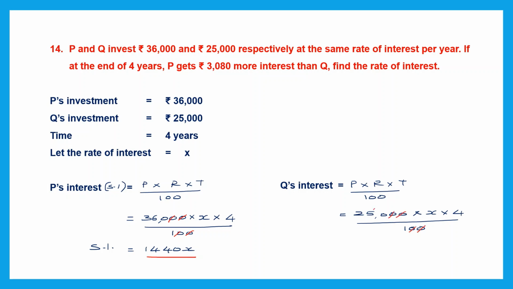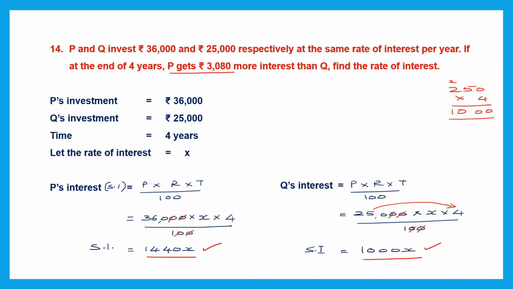Now I'm going to multiply 250 into 4. 4 zeros are 0, 4 fives are 20, carry 2, 4 twos are 8, 9, 10. So that is 1000. That means the simple interest for Q is 1000x. Now we have found the simple interest for Q and the simple interest for P. We are now going to find the rate of interest after realizing that P is getting so much more than Q.